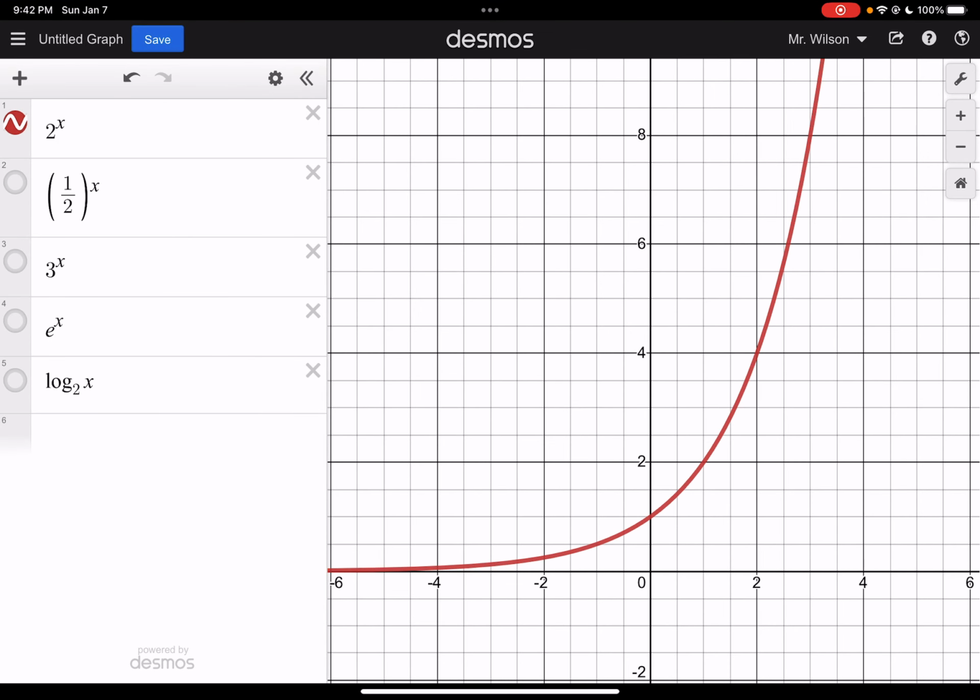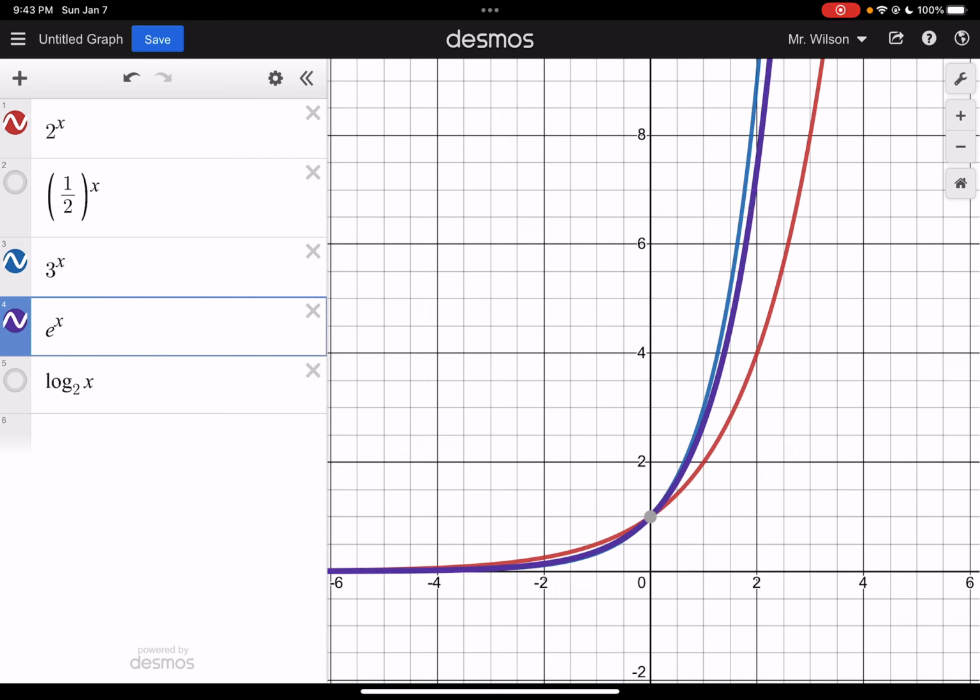so e itself is somewhere between 2 and 3, but a little bit closer to 3. So here's 2 to the x, here's the graph of 3 to the x, and here's the graph of e to the x. So if you look at e to the x right here, you can see it is between 2 and 3, but it does go a little bit closer to 3, right? Because it's about 2.7.